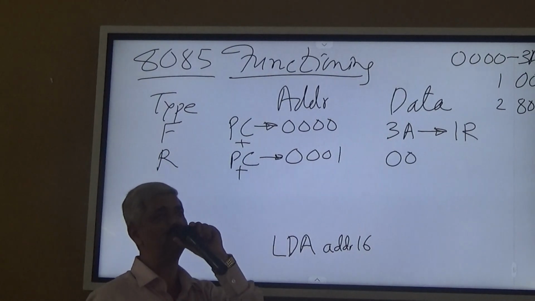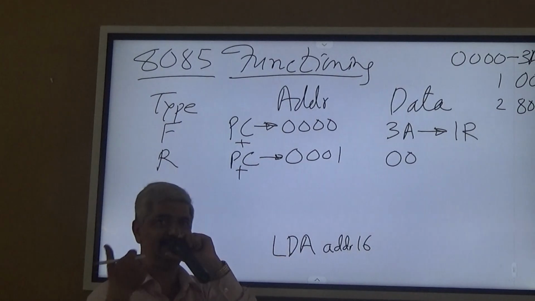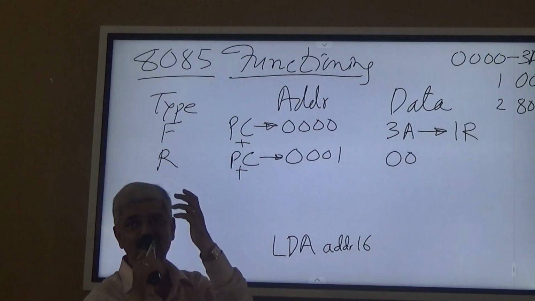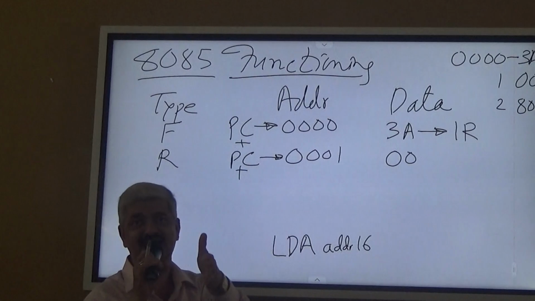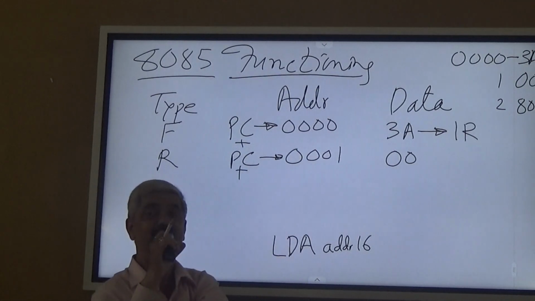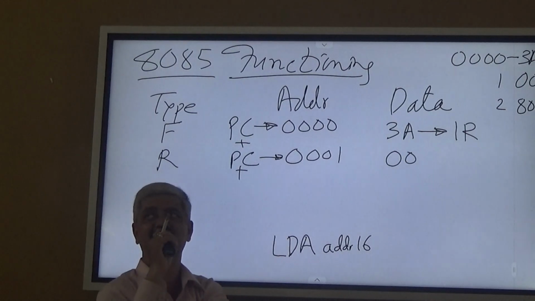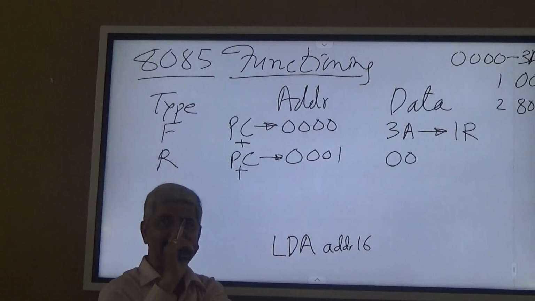You will say, no, I will use E or L, BC pair, DE pair, HL pair. But why not C? When I am asking why not C, there is a specific reason for that. What is the reason? I have said that if every time you keep a practice, whenever you have to prove that something is not supposed to happen, something is impossible, something cannot be done, then you try to prove it by negation.